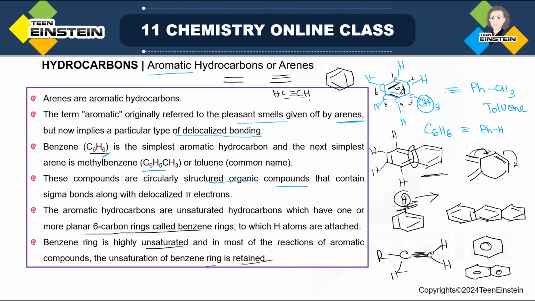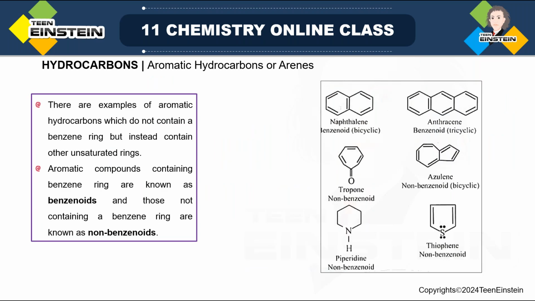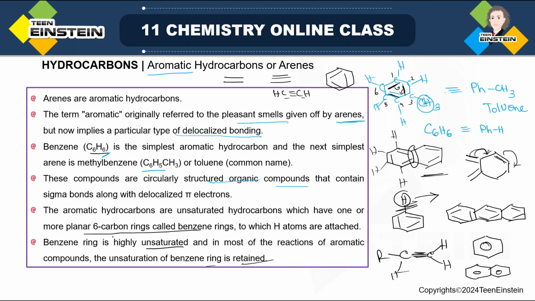Now sometimes there are aromatic hydrocarbons where the benzene ring is not present, but they are still aromatic, and they are called non-benzenoid, but we will not go into the details of those; we'll discuss that in the next class. So today we will finish here with just the introduction of what aromatic hydrocarbons or arenes are.